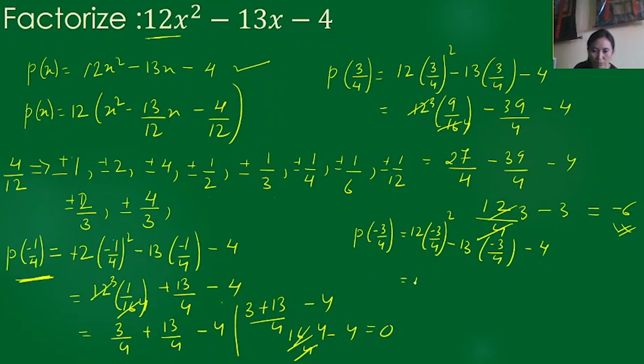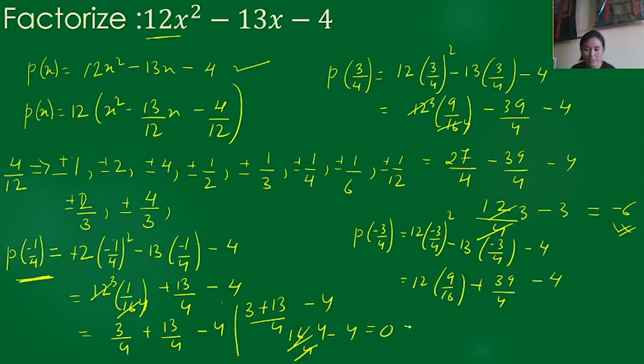So this is equal to 12 into 9 by 16 plus 39 by 4. 3 3s are 9, 3 1 is 3, plus, minus into minus is plus, and minus 4.